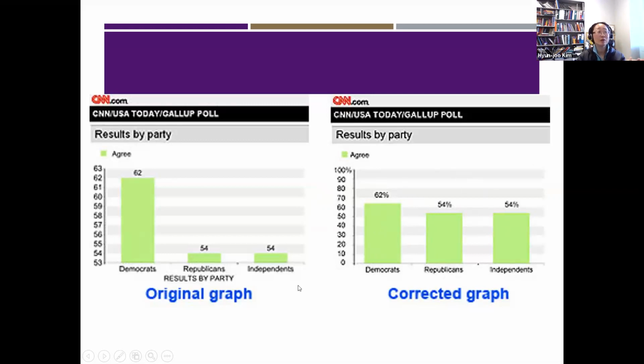So for this particular data set, the second one is probably the more correct graph and better conveys the correct information. Slightly higher for the first category, the Democrats, but they're really not that much different. Okay?